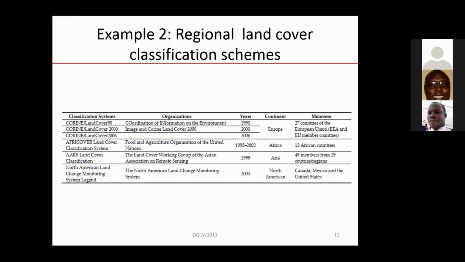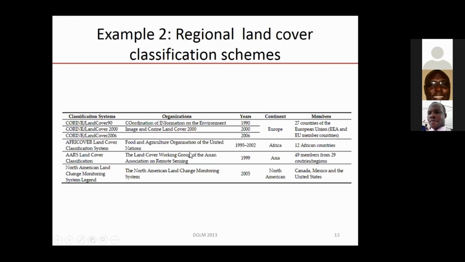The reason why they do it for those 27 countries is to make sure that all these countries produce the data in one scheme, using one standard, so that it can be comparable, or it can be combined together.